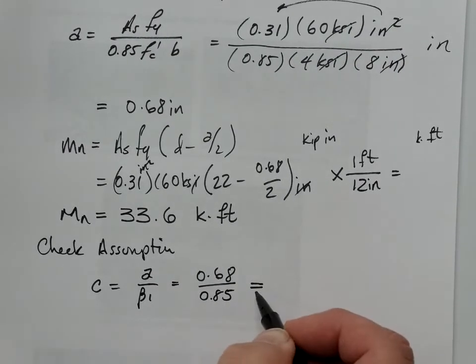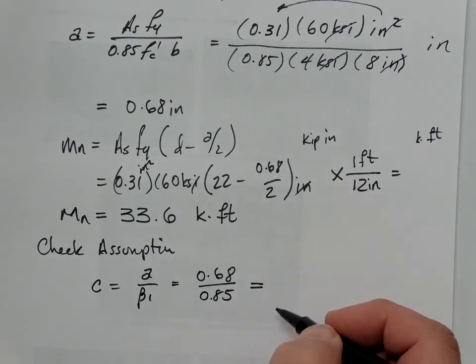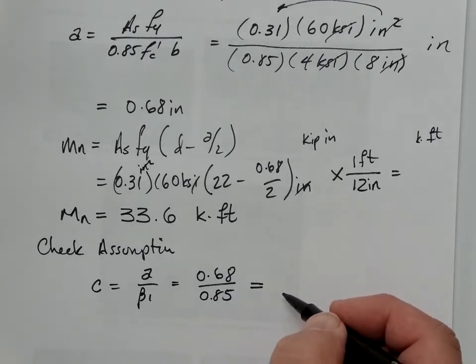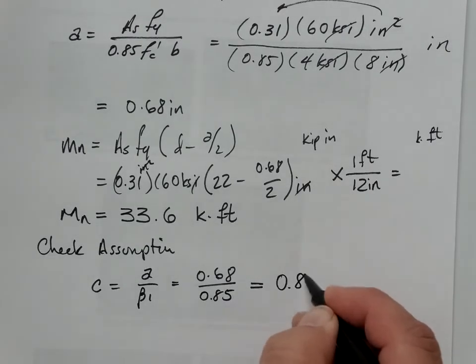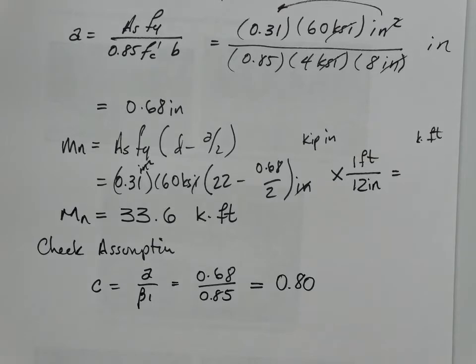And what does that come out to be? 0.8? No. 0.8, 0.78, 0.77. Oh, I should have stuck with my first answer.